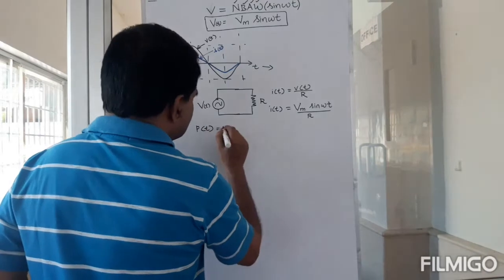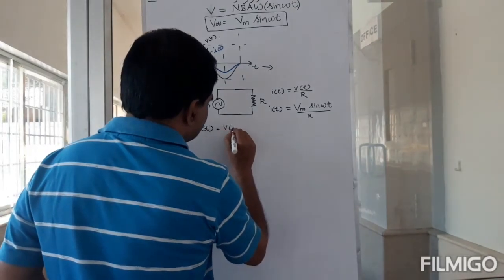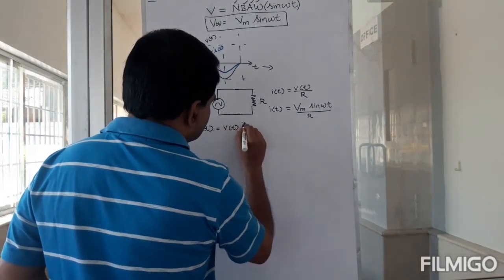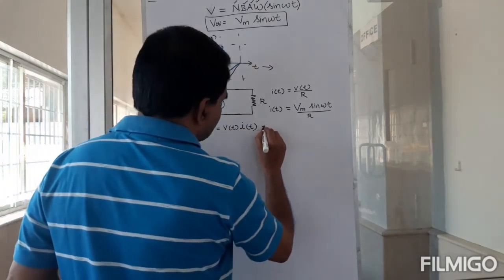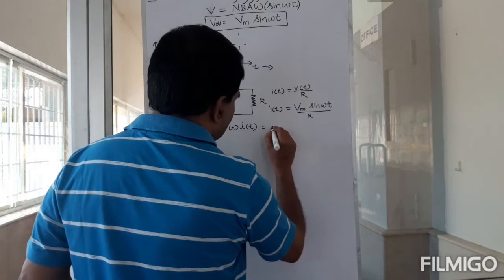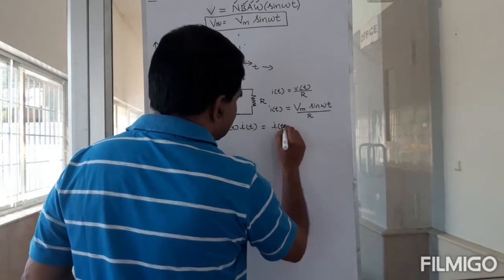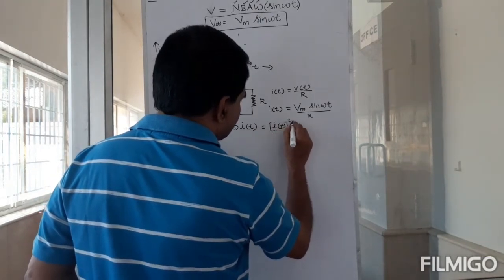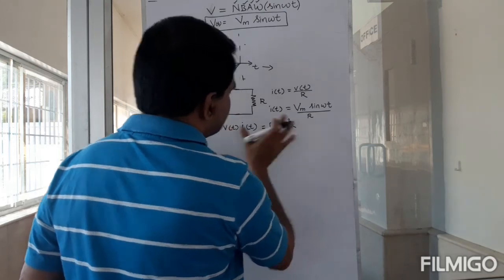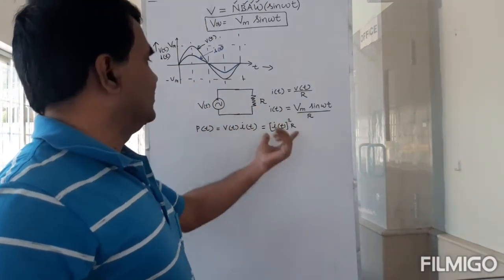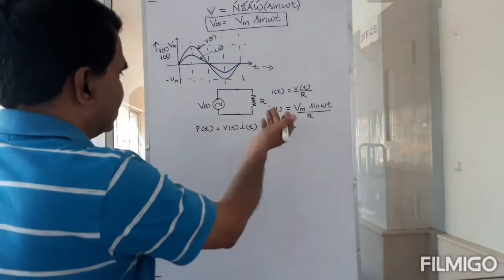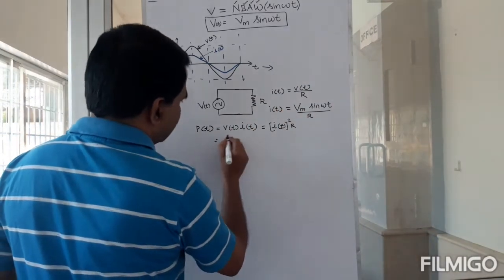You can say that it's equal to voltage at that time t and then current at that time t, V into I. Or I can also say this as I at that time t squared into R. I can do it either way. If I start doing it, I'll get the same equations.